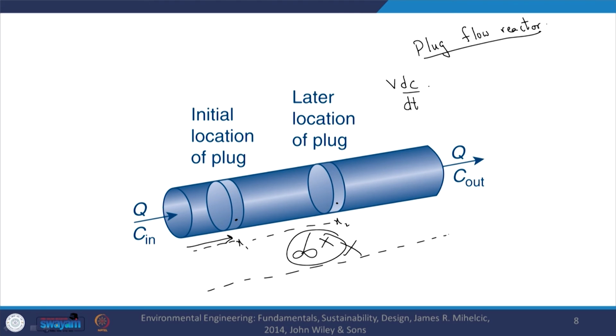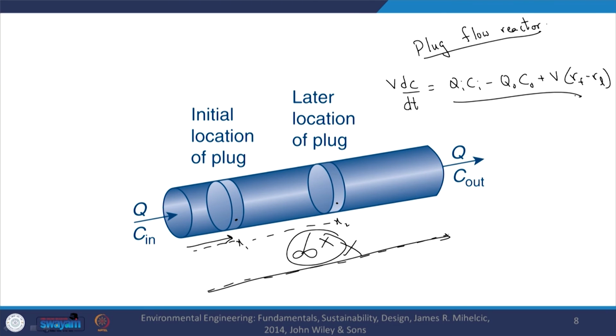V dC by dt is equal to Q_in C_in minus Q_out C_out plus volume into rate of formation minus rate of loss. But if you look at this equation here, we see that we can't really apply this equation here.